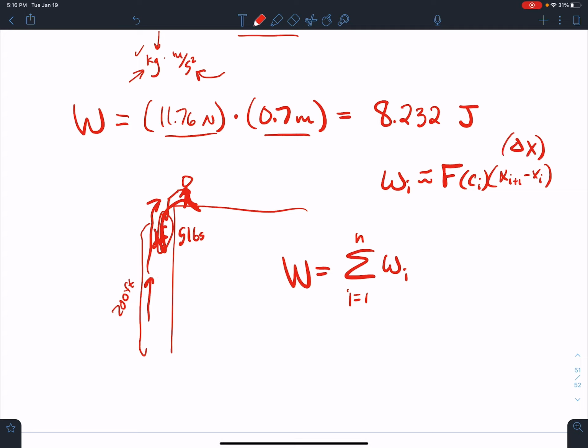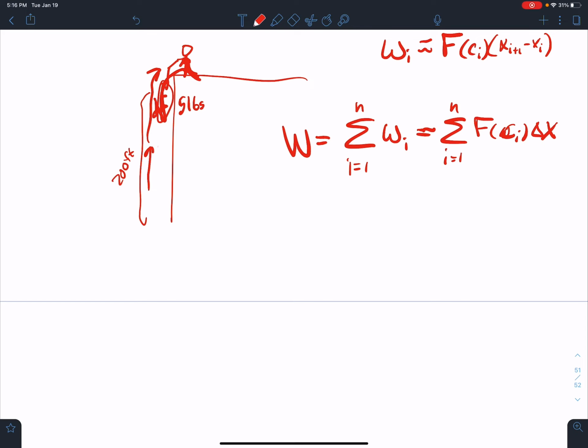And so this looks really familiar to your Riemann sum, f(c_i) delta x.